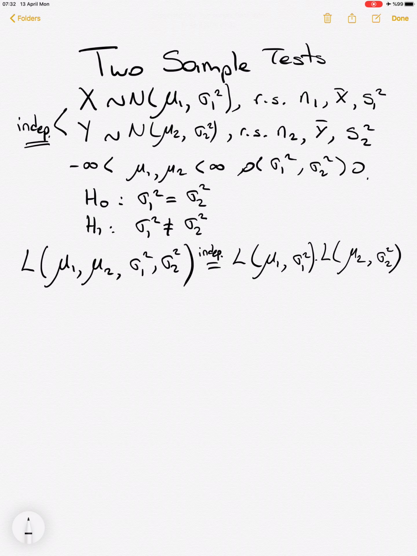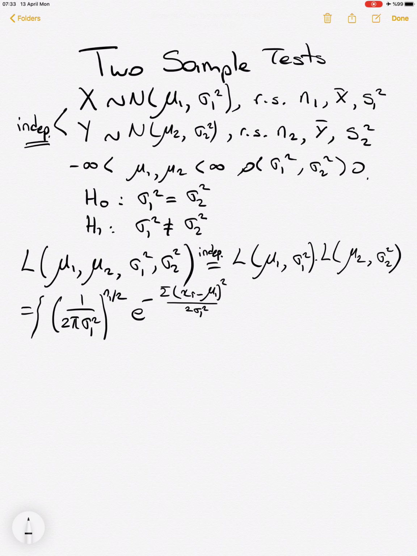Okay, so the first likelihood, coming from x, where we have a sample of size n1, is (1 over 2 pi sigma 1 square) to the power n1 over 2, times e to the minus summation (xi minus mu1) whole square divided by 2 sigma 1 square, where i is from 1 to n1.